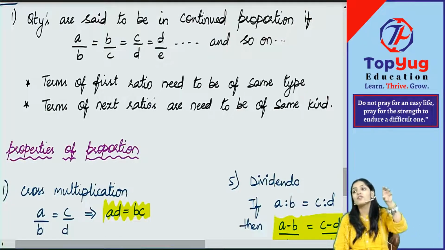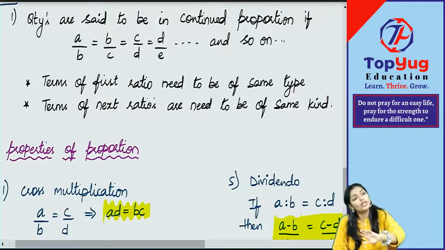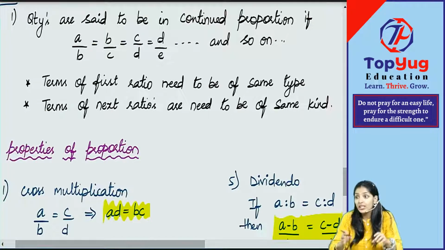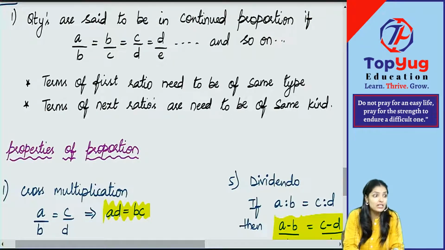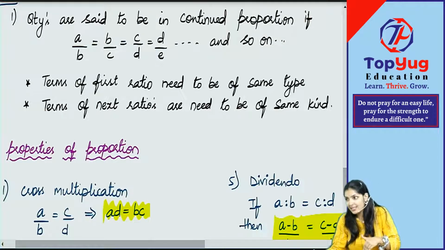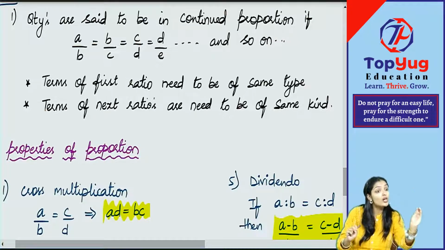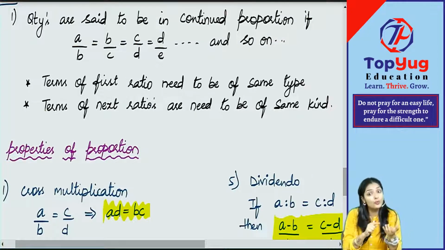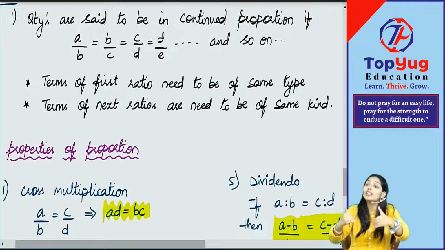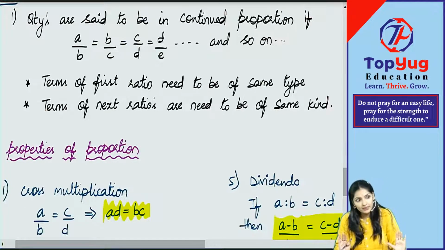Suppose the first ratio is all about liters, the second ratio can be all about weights, kilograms and so on. The terms have to be of a similar kind within a ratio, but ratios can be of different kinds. Are you getting the point? So terms of each ratio should be the same, but ratios can be different. Keep this in mind. Am I clear?